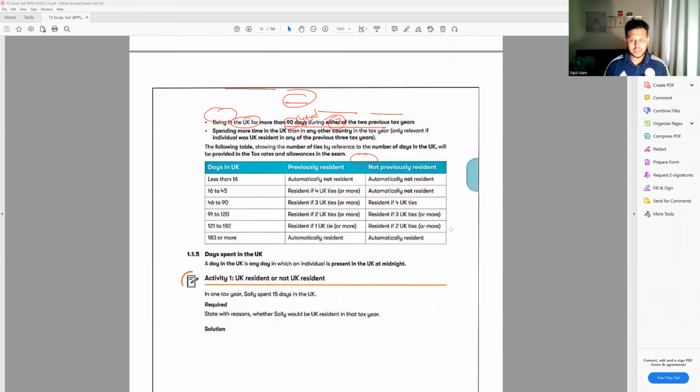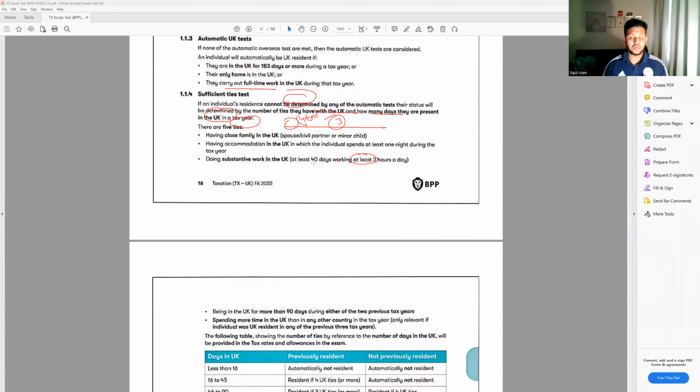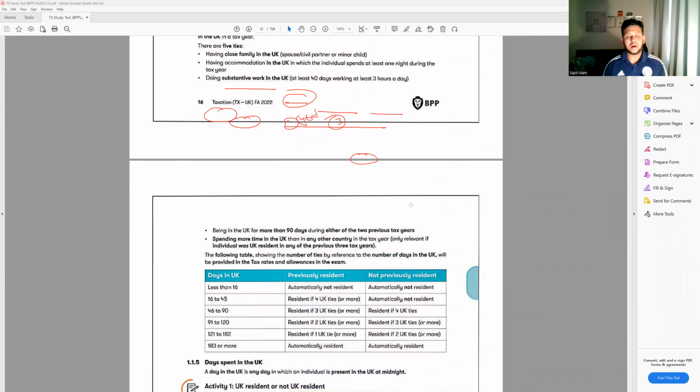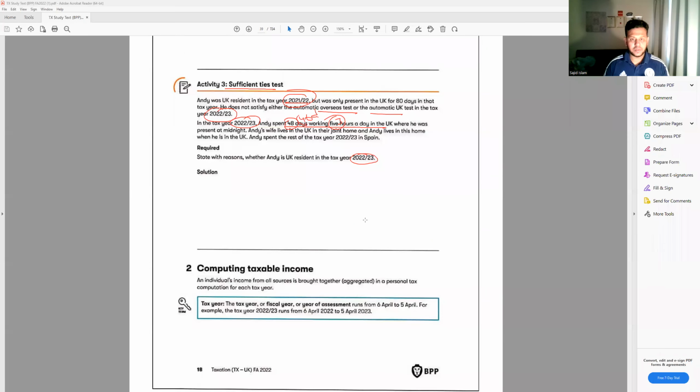Yeah, so substantial work, and that is 40 days, not 46, 40 days, 3 hours at least. So he was working for that, more than 40 days, 48 days, and 5 hours, that means more than 3 hours. So one tie is satisfied here.